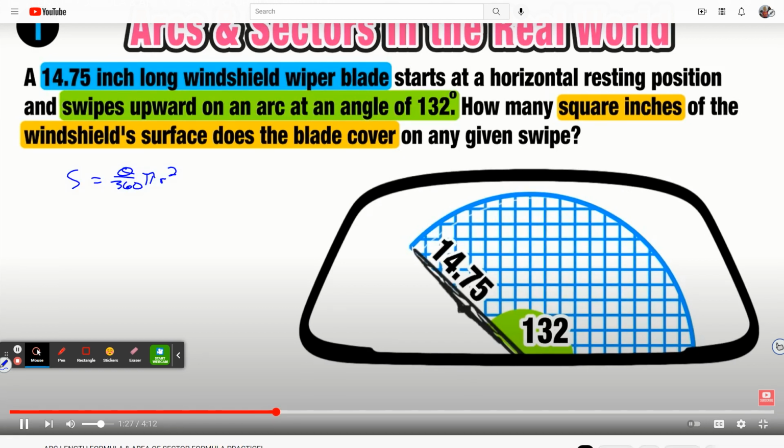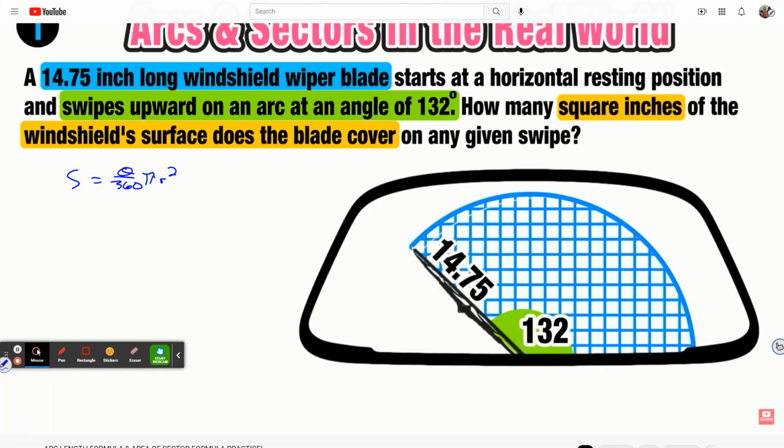And since we want to find the number of square inches that make up that contained area, we're going to use the sector area formula.